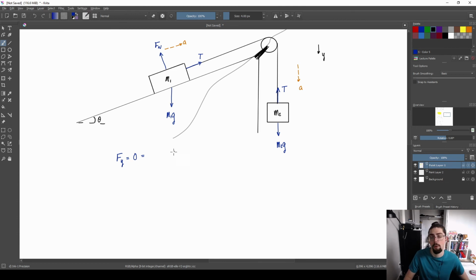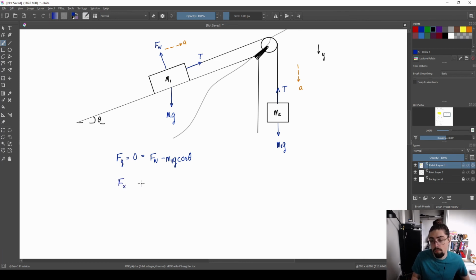Let me do this just to prove my point, but because it's not going up or down or anything else like that, I know that the normal force is canceled out by the component of gravity here, m1 g cosine of theta, and in fact, I should have written m1 right there. That doesn't give me anything new, if I'm being completely honest. It's kind of useless for me. But that's not a big deal, right? If we write down a useless equation, all we've done is used a little bit of extra ink.